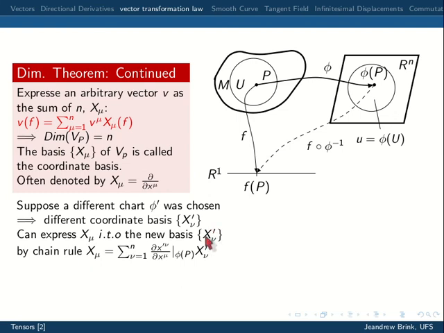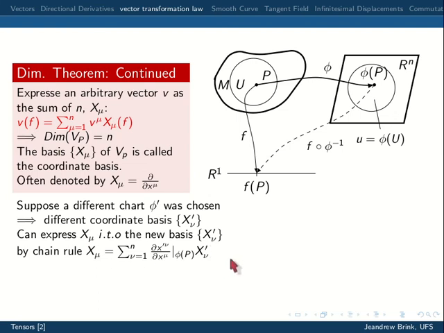So the new coordinate basis is ∂/∂x^μ prime. You literally express this as ∂/∂x^μ prime times ∂x^μ prime/∂x^ν. So it literally is the Jacobian that you're putting up here. Okay, so there's a transformation between the one coordinate basis, which is ∂/∂x^μ, and this other coordinate basis, which is just ∂/∂x^ν prime, that's over there.